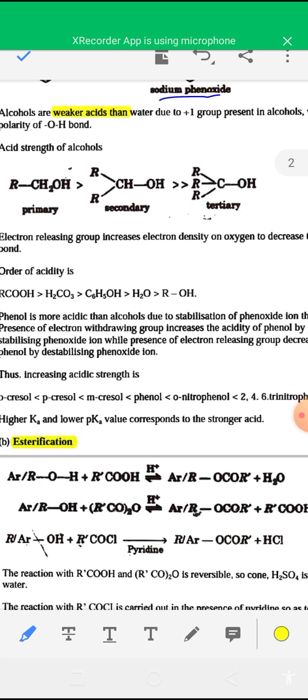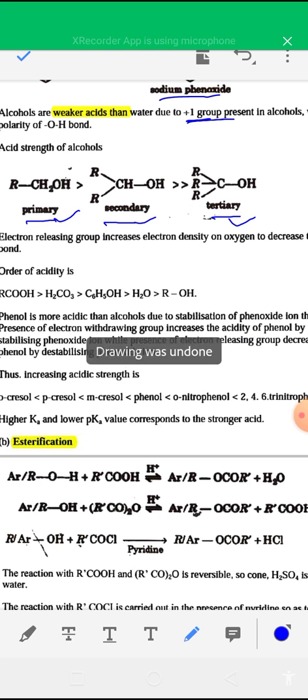The acidity of different alcohols decreases from primary alcohol to secondary alcohol to tertiary alcohol. That means primary alcohol is more acidic than secondary alcohol, which is more acidic than tertiary alcohol. This is due to the plus I inductive effect of the alkyl group.